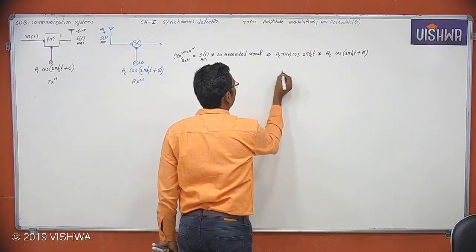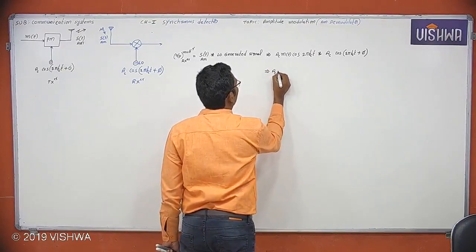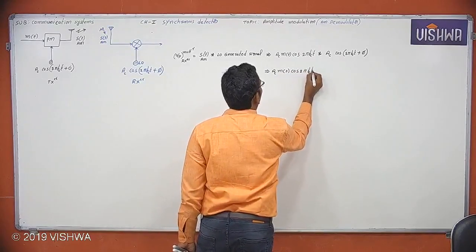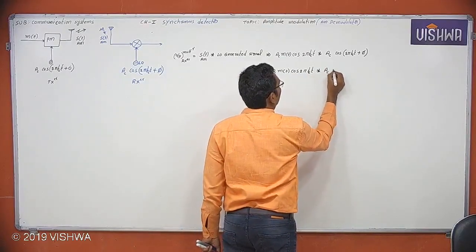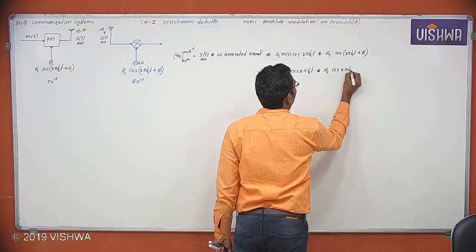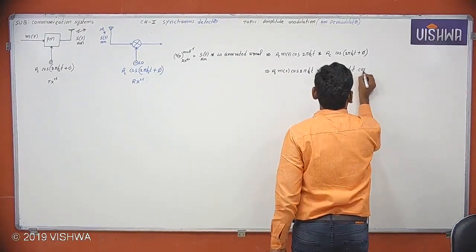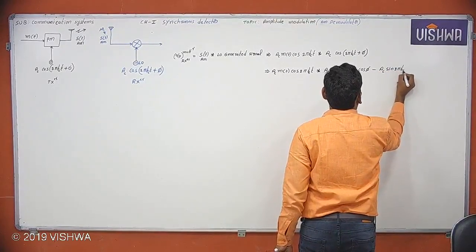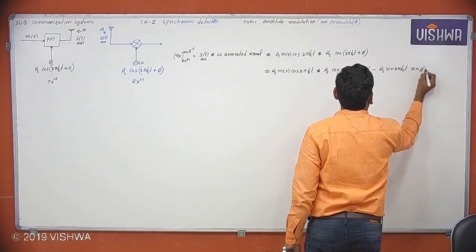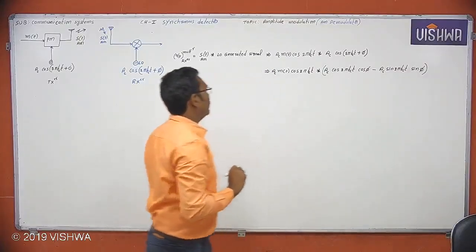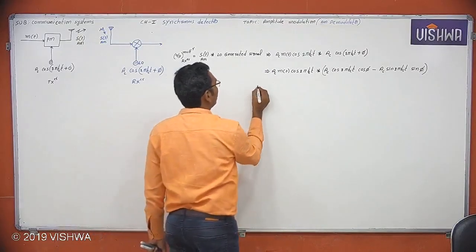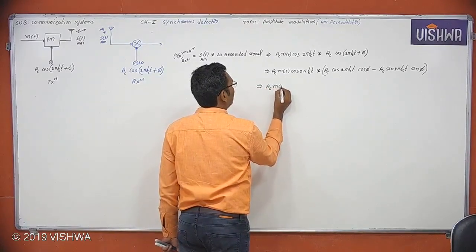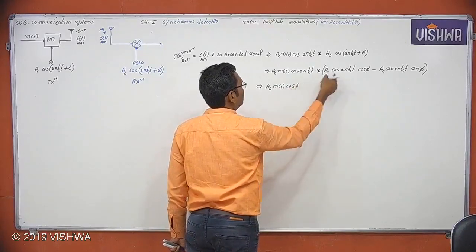Then if you simplify this, Ac m(t), now cos 2 pi fc t, cos(2 pi fc t plus phi). Using cos(A plus B) equals cos A cos B minus sin A sin B, finally we get Ac m(t) cos phi, cos square.